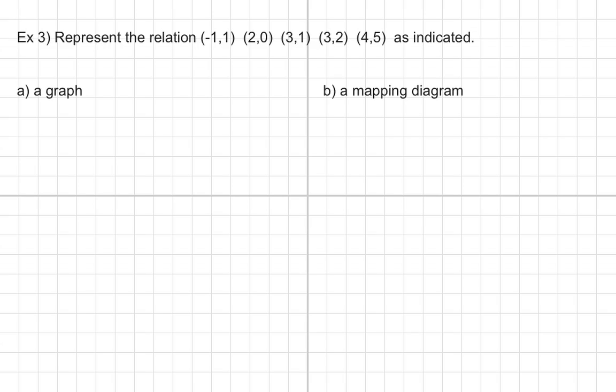So if I do -1, 1, that's 1 to the left and 1 up. 2, 0 is 2 to the right, 0 up and down. 3, 1 is 3 to the right and 1 up. 3, 2 is 3 to the right and up 2. And then finally 4 and then up 1, 2, 3, 4, 5 is going to be way up here. So as a graph, they're simply saying graph the points.